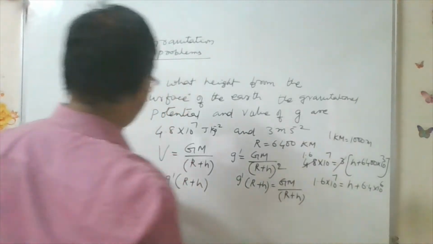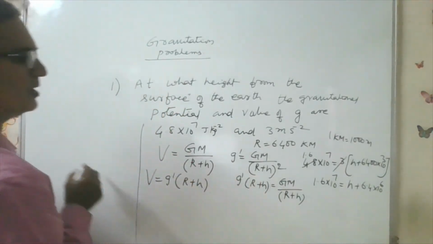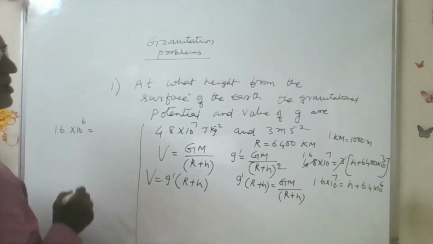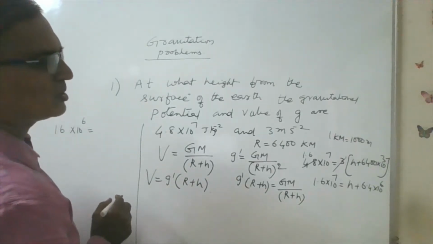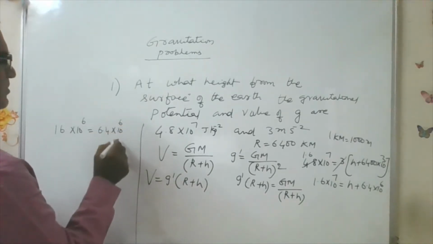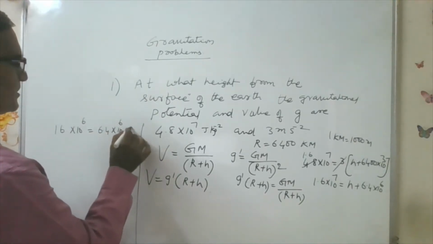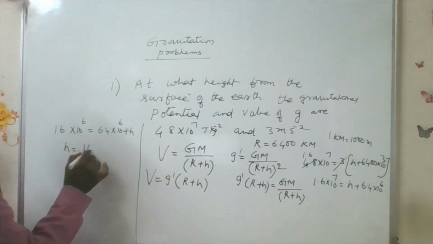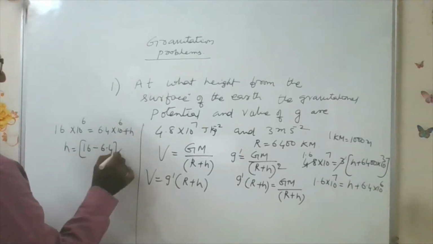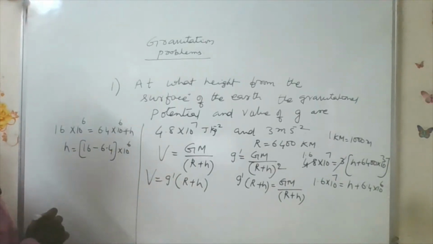Now I will continue here. You can write this as 16 into 10 to the power of 6 is equal to 6.4 into 10 to the power of 6 plus H. H is equal to 16 minus 6.4 into 10 to the power of 6.